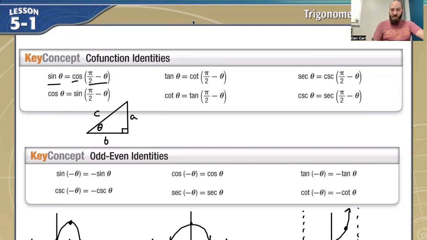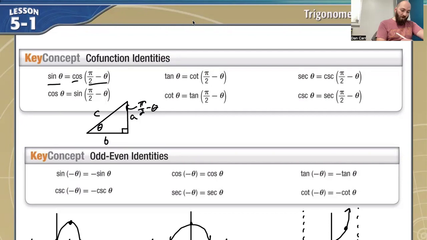Where you've seen that in the past is with this triangle. If that's theta, my other angle has to be complementary, to 90 degrees, or in this case, pi over 2. So I could always take pi over 2 minus theta to represent that.